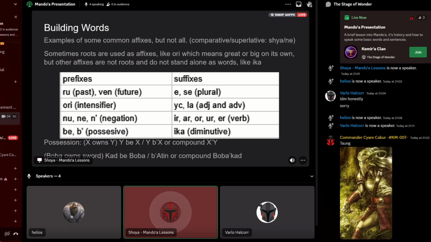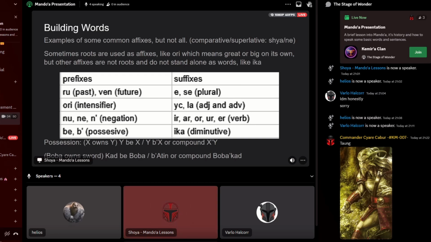And so you could say varsha, younger, varne, youngest, and rug means old. Rugla means old. So you could say rugsha or rugisha, older, and rugne for oldest, and then vod for sibling.